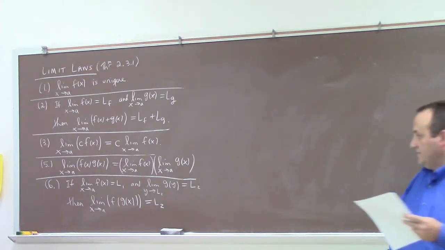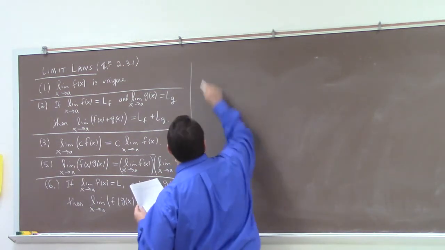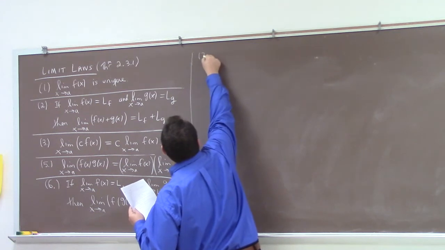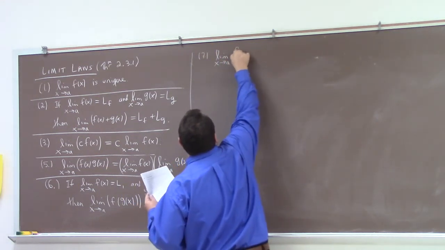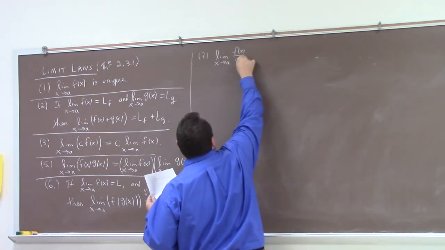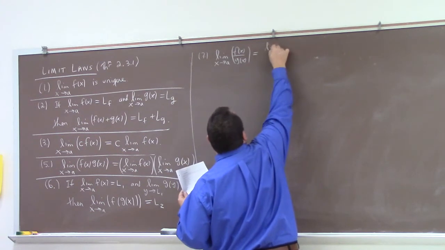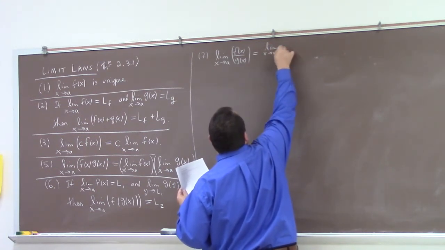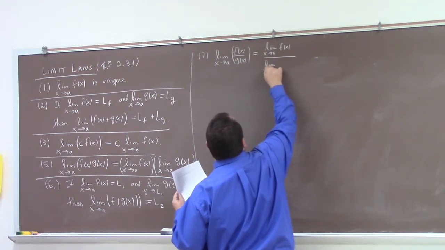And then number 7, the limit of a quotient, guess what? It's the quotient of the limits. Again, supposing what?